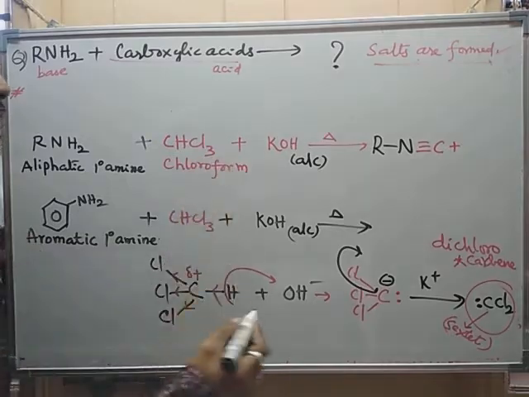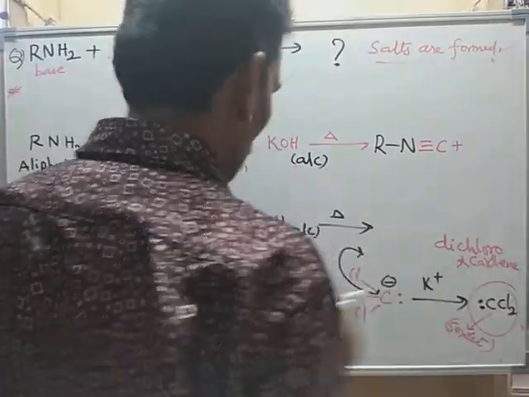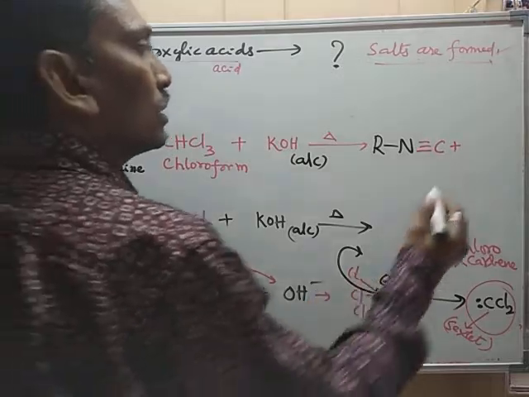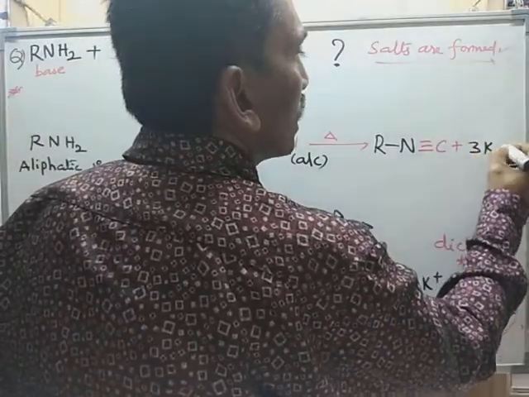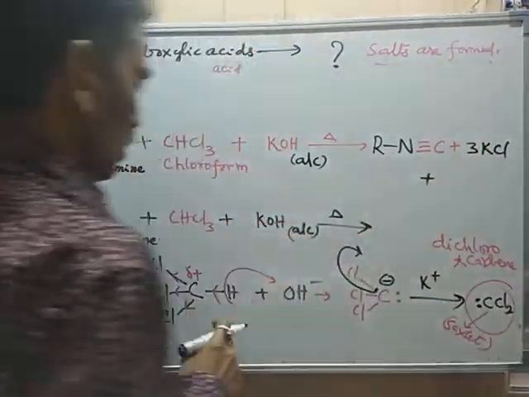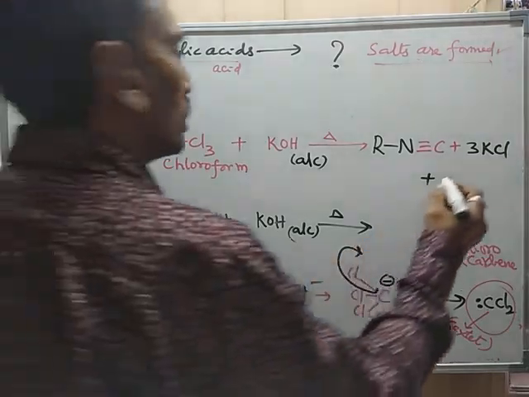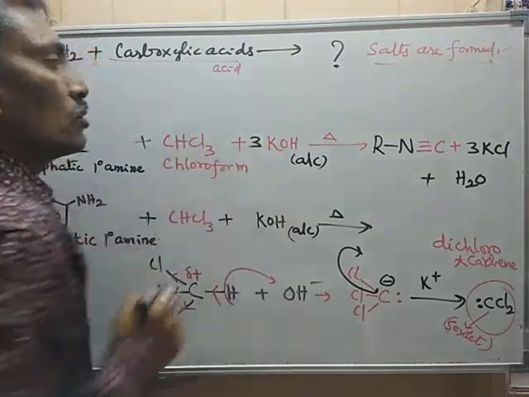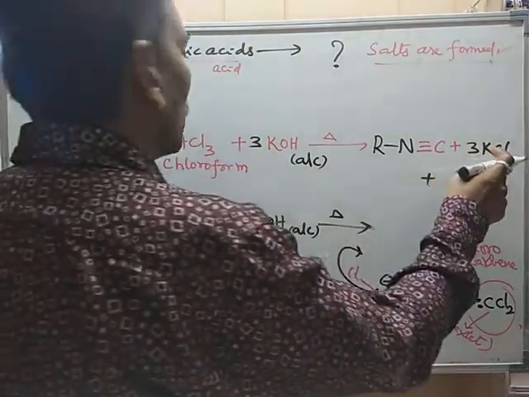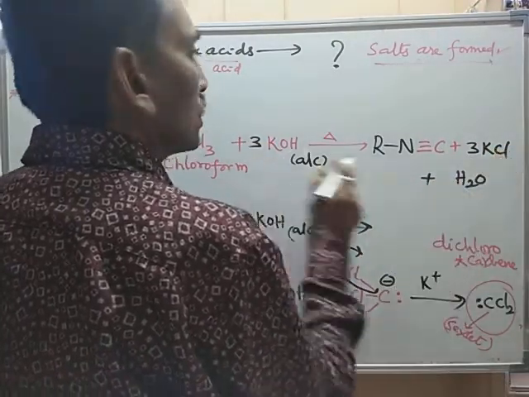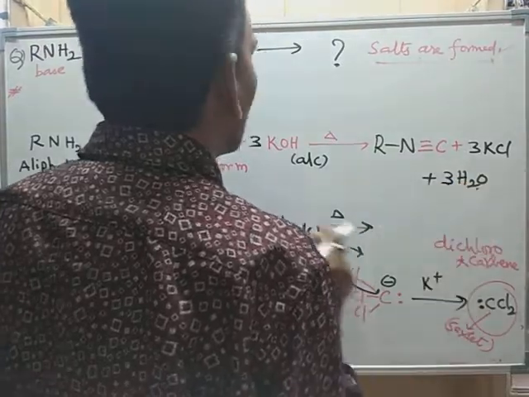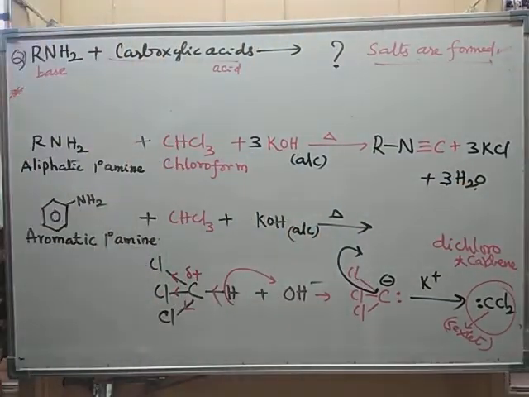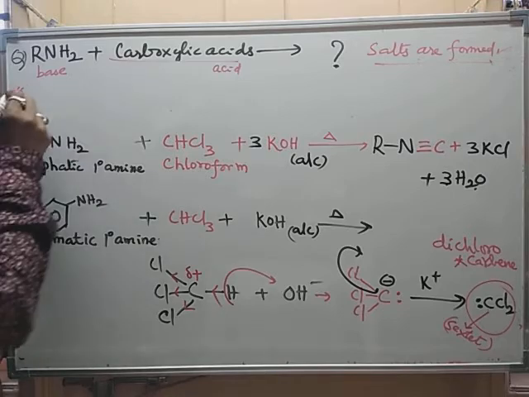K with Cl, so 3 moles of KCl, and OH minus and H becomes H2O. For balancing, better to write 3 KOH for 3 KCl and 3 H2O. It is a balanced equation, very important for 2 marks.